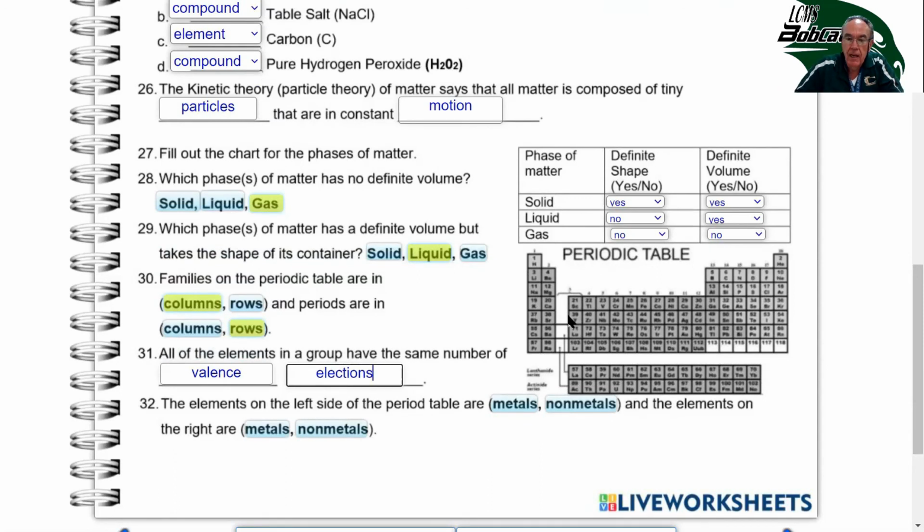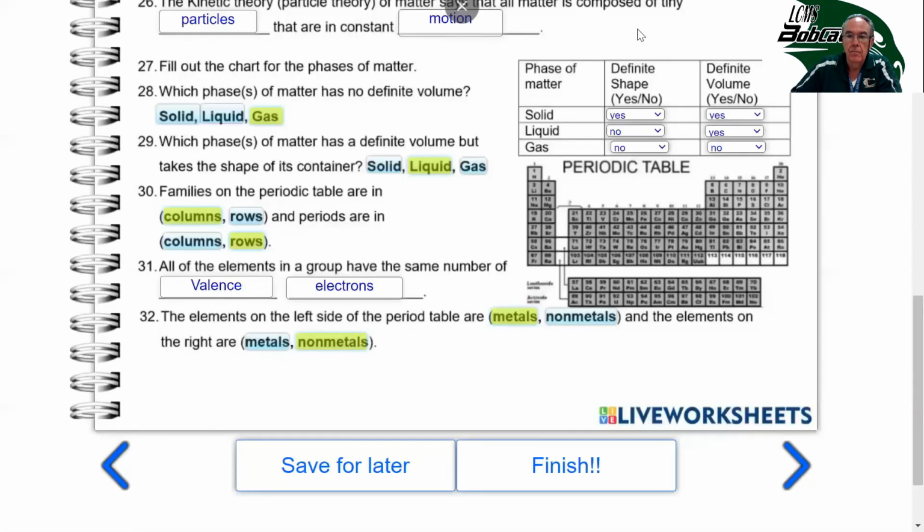Elements on the left side of the periodic table, so over here, things like chrome, manganese, iron, gold, silver, those are all metals. And elements on the right side of the periodic table, like the oxygen we're breathing, nitrogen, carbon, and the things like neon in lamps, okay, all non-metals.